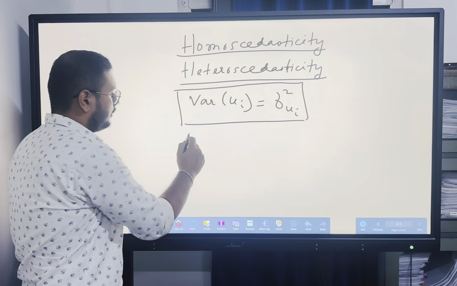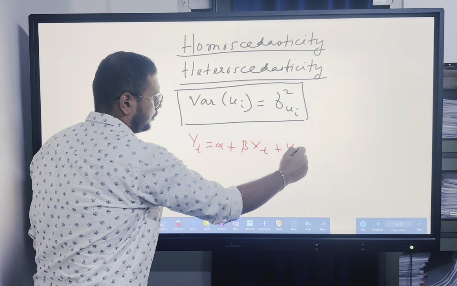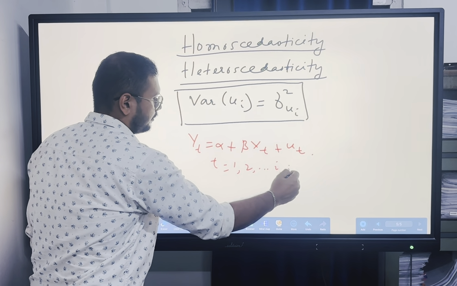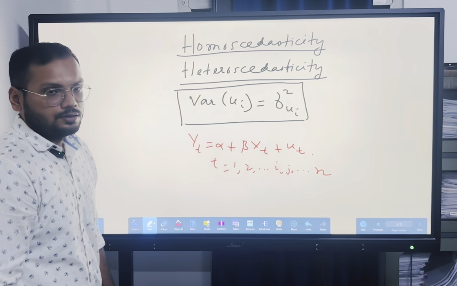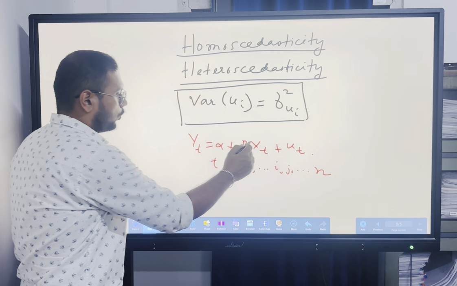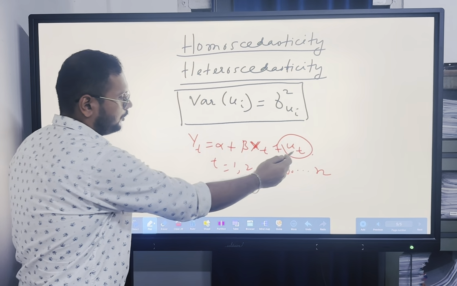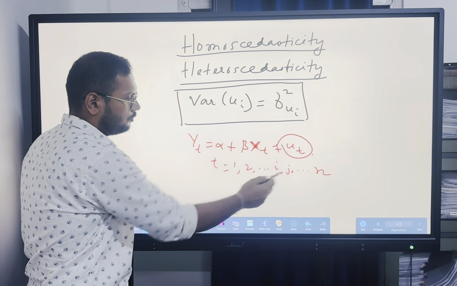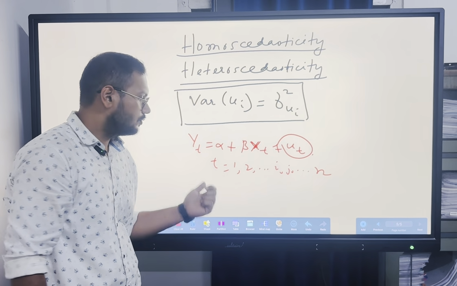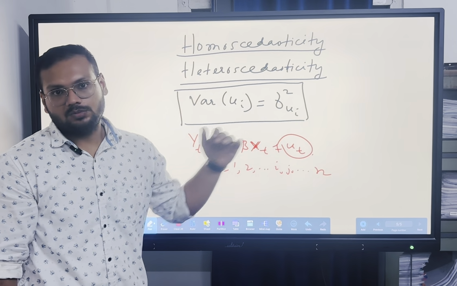For example, let's take this regression model. This is a two variable linear regression model where we have this error term ut. Now u subscript t, with t equal to 1 up to n, means that there are n observations for this error term, and not just this error term, for x and y also there are n observations.